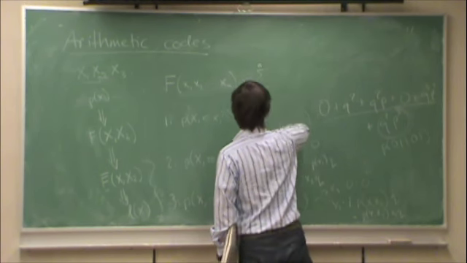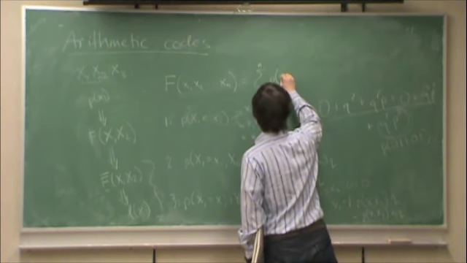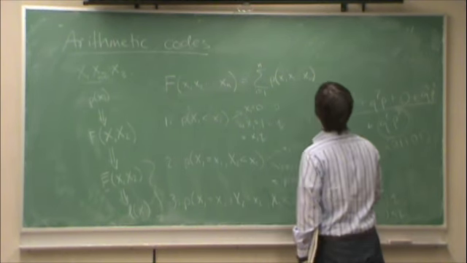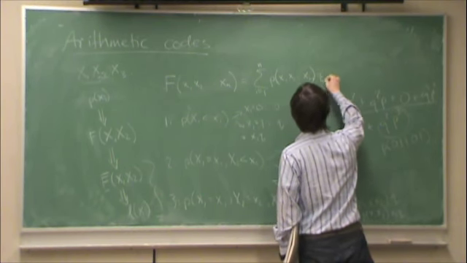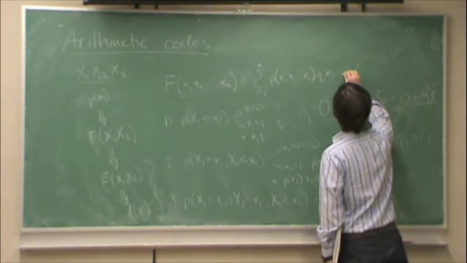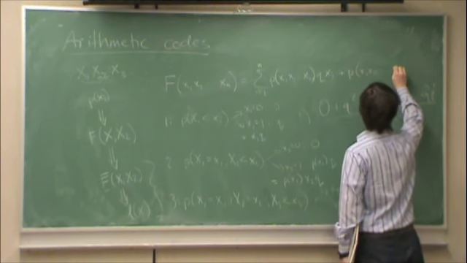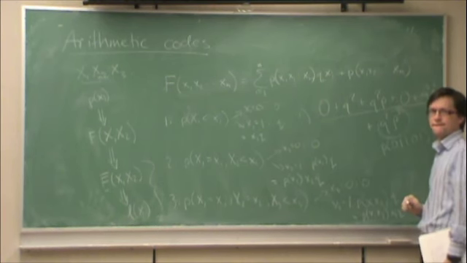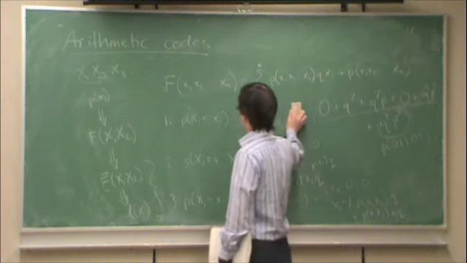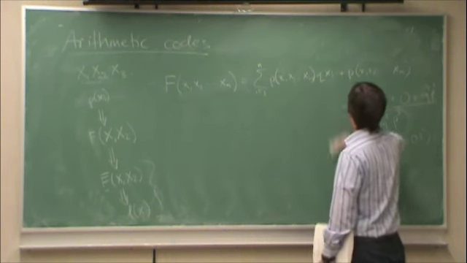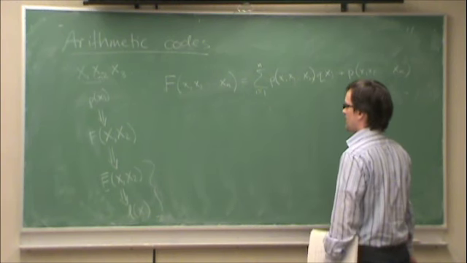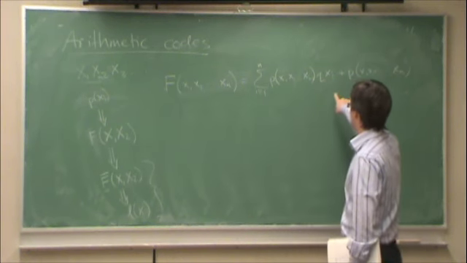Sum from i equals 1 to n of the probability of x1 and x2 and so on up to x(i minus 1), times q times xi, plus the probability of x1, x2, and so on up to xn. So the extended CDF is relatively easy to write down by this formula.